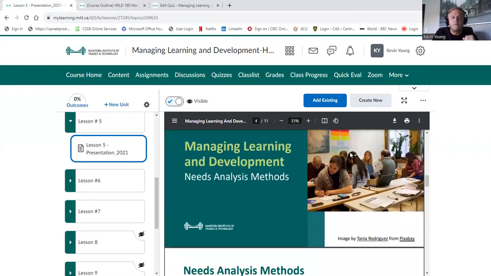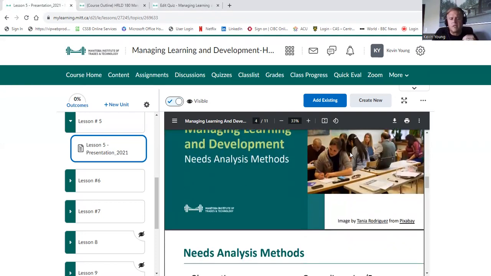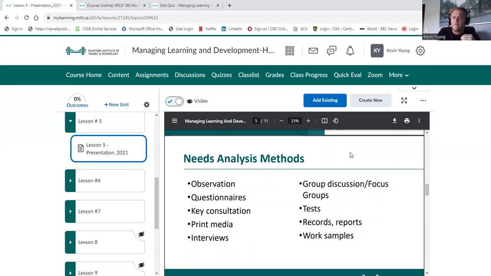All right. So, developing a needs analysis. Various methods. We've got interviews. So talk to people: we know you work in this capacity, we understand there's a problem here, what can you tell us about what you've seen? Questionnaires.